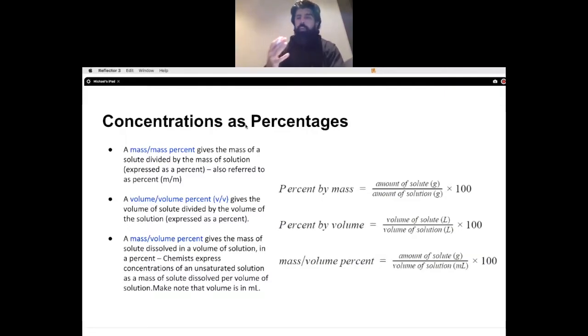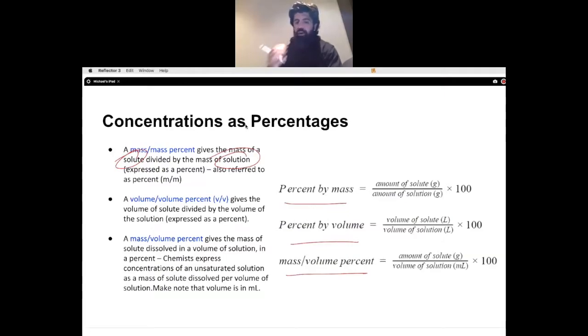So when we are mixing two things together, let's say a solute within the entire solution, we could be looking at these so-called percentages of concentrations. These vary between percent composition by mass, percent concentration by volume, or what's referred to as a mass volume percent.